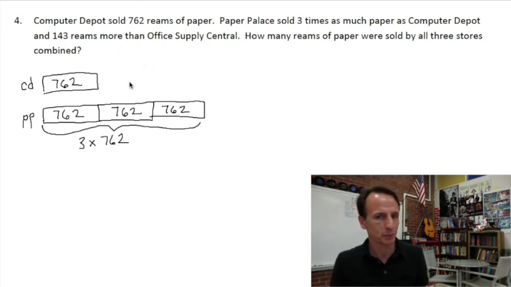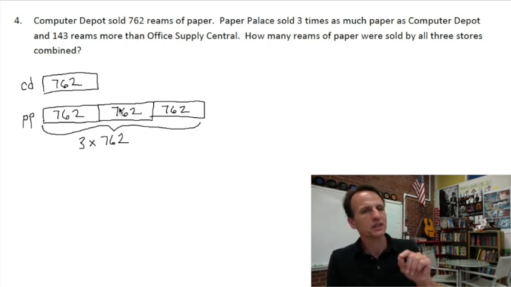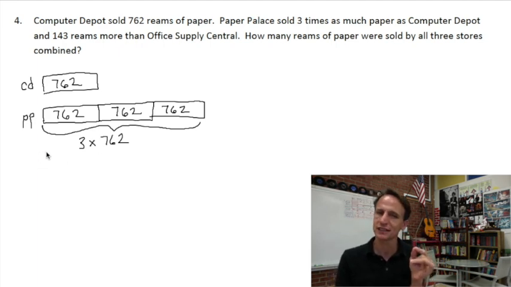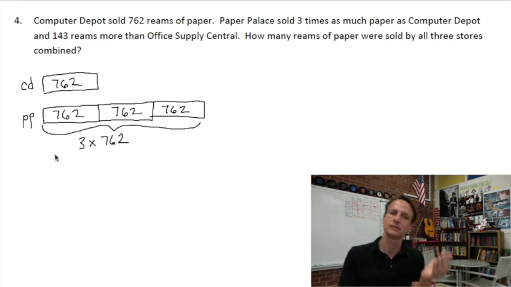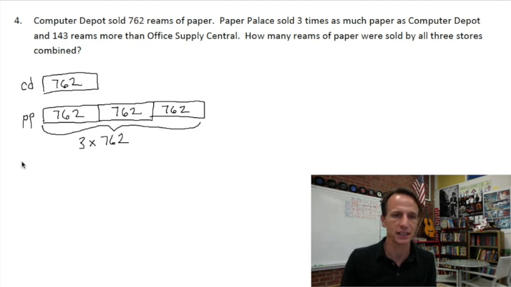Now, Paper Palace sold 143 reams more than Office Supply Central. So Office Supply Central sold less than Paper Palace, right? So OSC, their tape is going to be shorter, not a whole lot shorter, but shorter than Paper Palace.